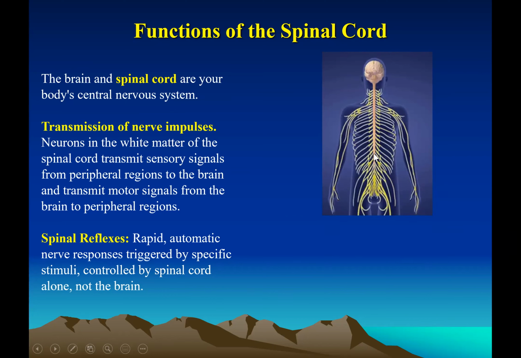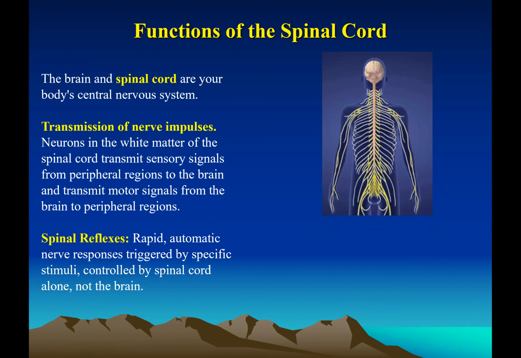The first is transmission of nerve impulses. It takes all the sensory information from all the receptors in the periphery of your body to the brain for processing, and it brings back efferent or motor commands to the effectors in the rest of the body.